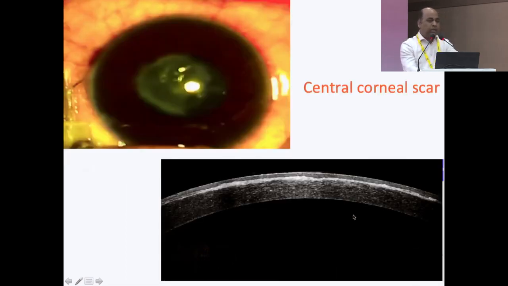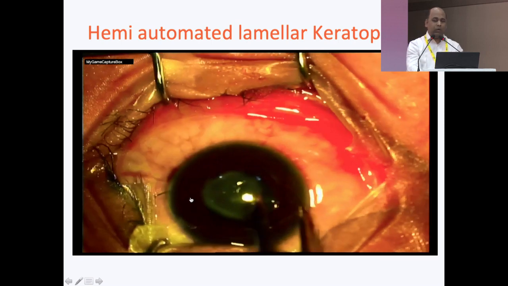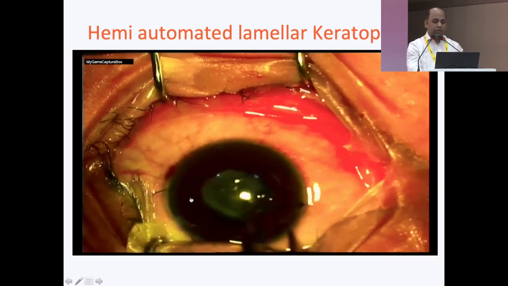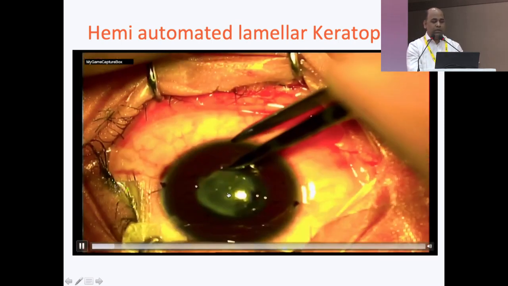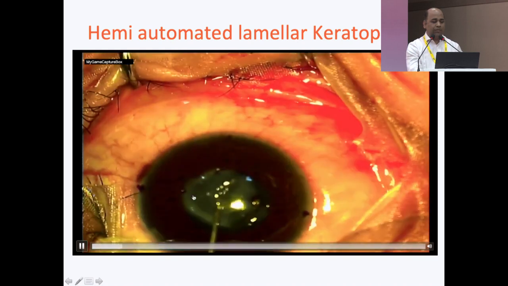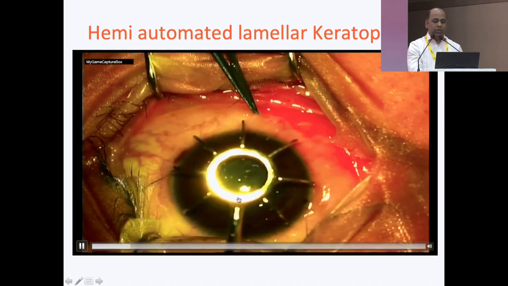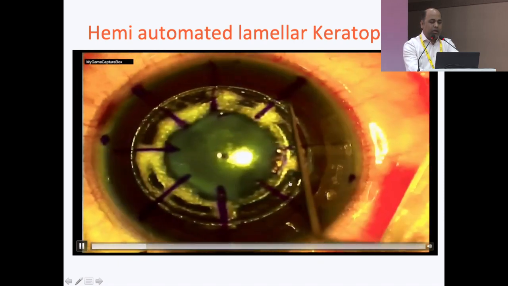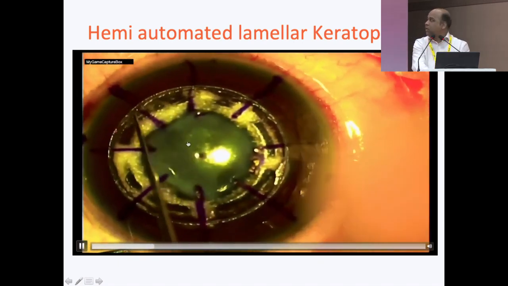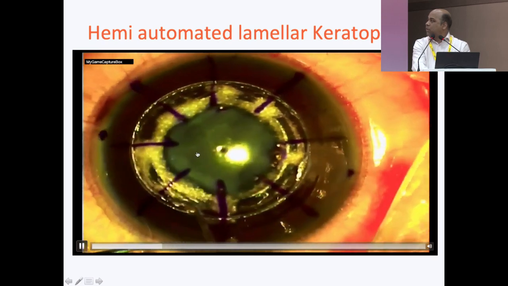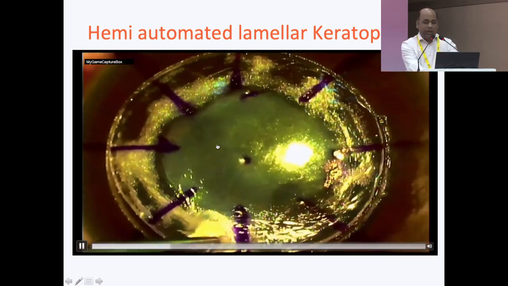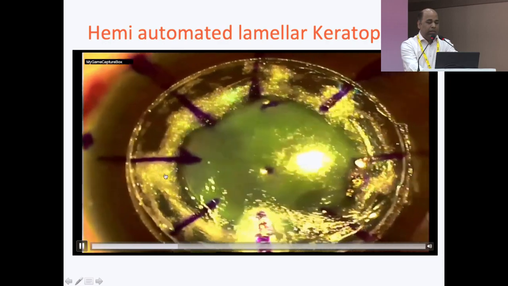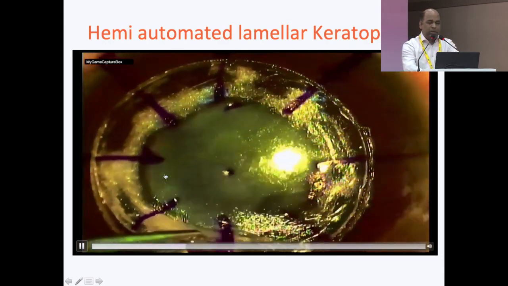This is another interesting case of central corneal scar where I performed hemi-automated lamellar keratoplasty. Because femtosecond doesn't penetrate this scar, what we did was create a mushroom shape cut, a donut shape, and we get a plane all around the scar. So this is a femtosecond plane. Now this scar will be dissected manually, but with the help of this plane, the whole opacity is dissected in a single plane.